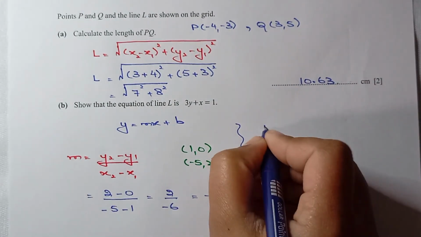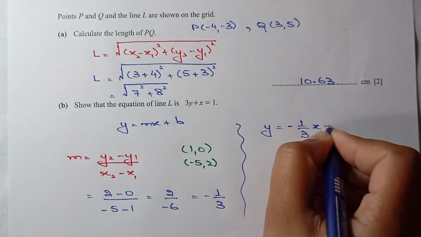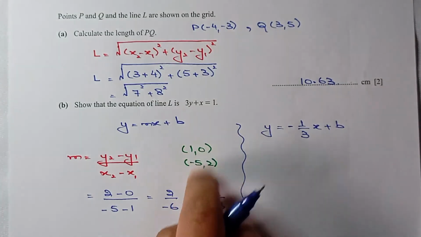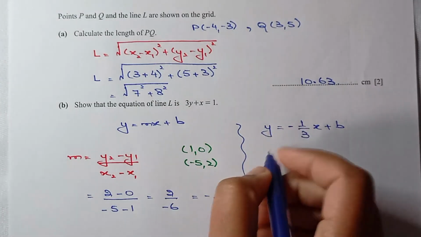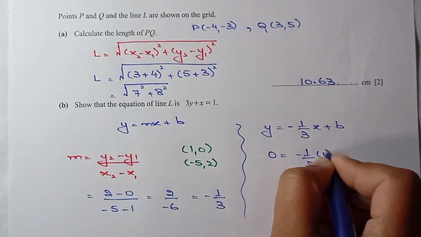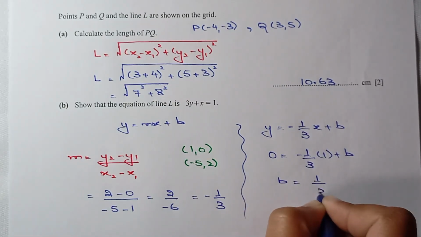Now y equals -1/3 x plus b. We can find the value of b by substituting either of these points. I would like to substitute the point (1, 0). When x is 1, y is 0, so 0 equals -1/3 times 1 plus b. From here b is +1/3.